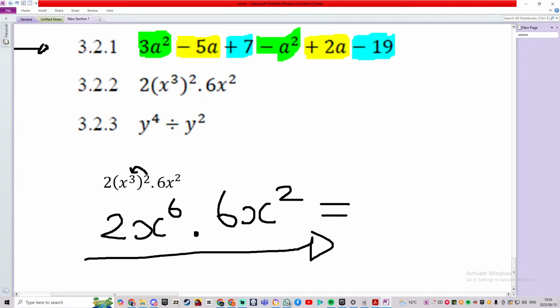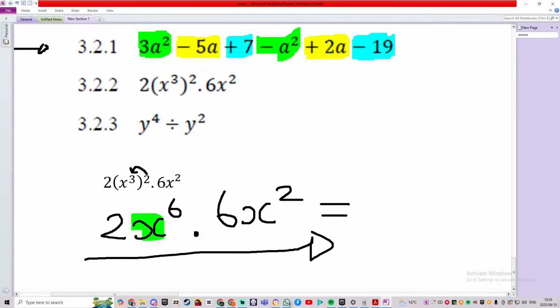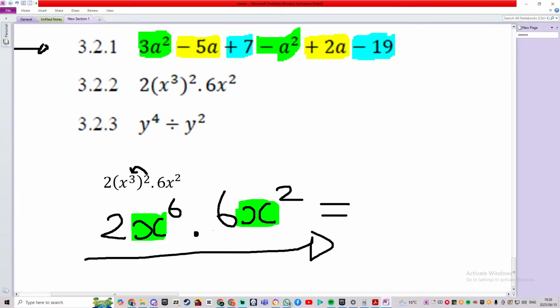So we have 2x to the power of 6 times 6x to the power of 2. When we are multiplying, this is another rule that we should know. This is a base of x. You are multiplying two of the same letters. First you multiply the numbers in front of them, which are 2 and 6. 2 times 6 is equal to 12.